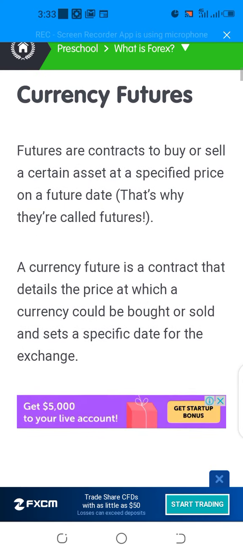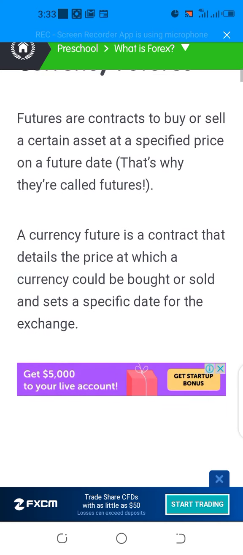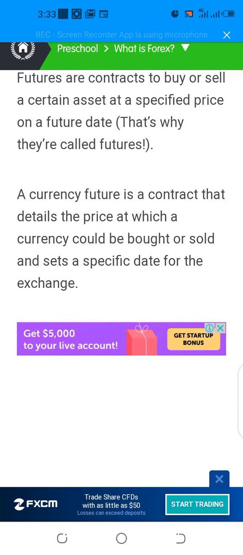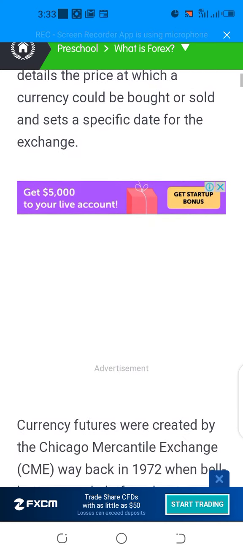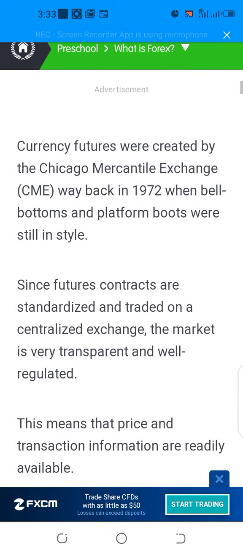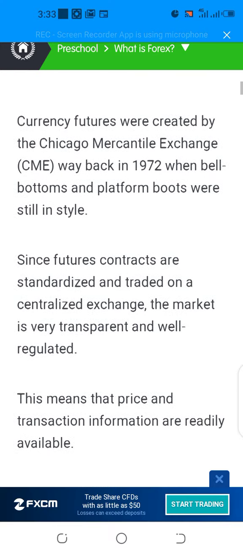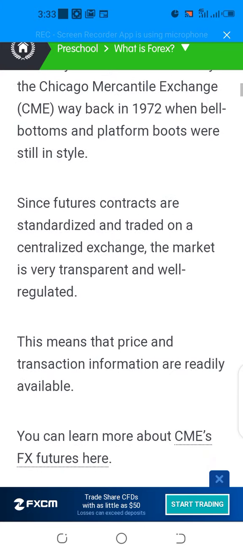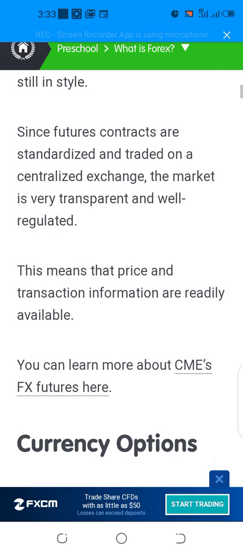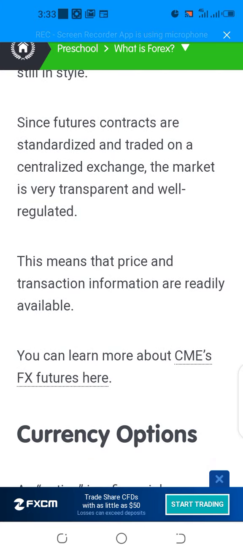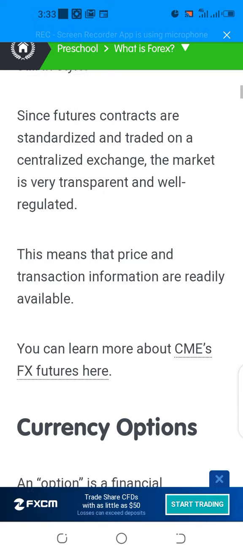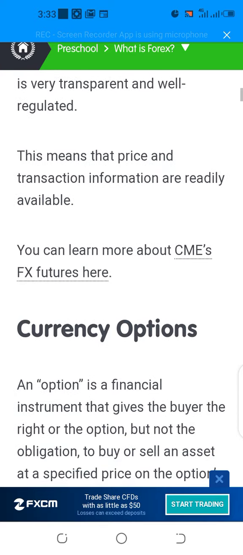It is money deposited with a broker when you open a new account. Leverage: leverage is the ability to control large dollar amounts with small capital, e.g. 2 to 1, 500 to 1, 200 to 1, 100 to 1.